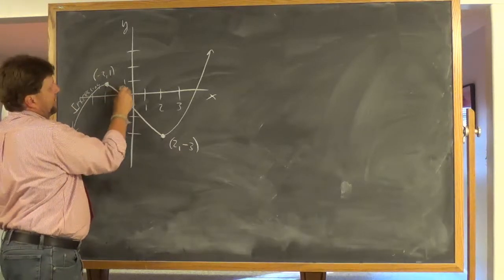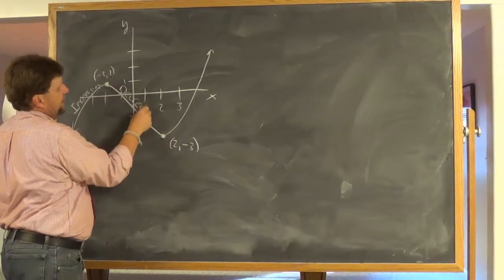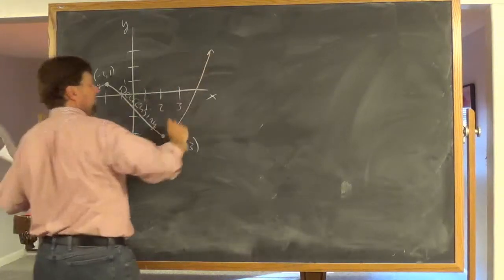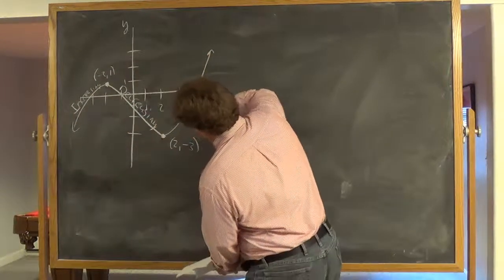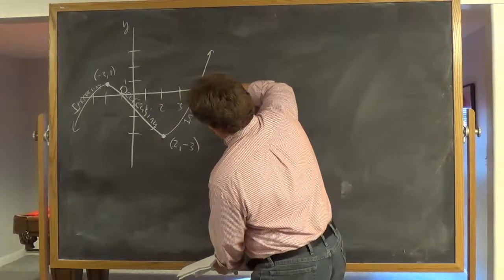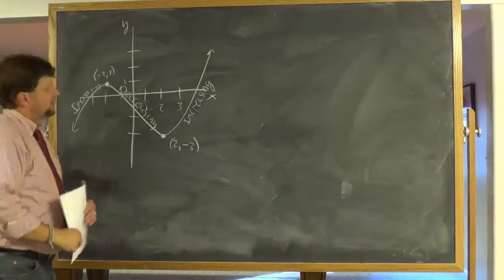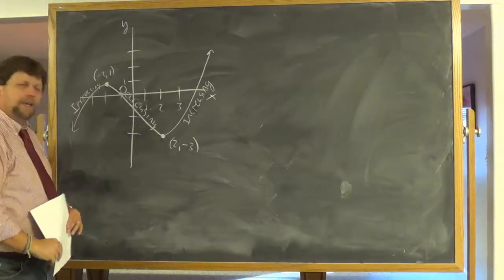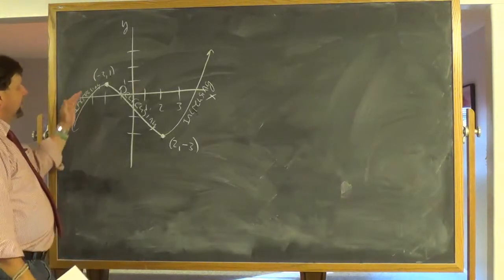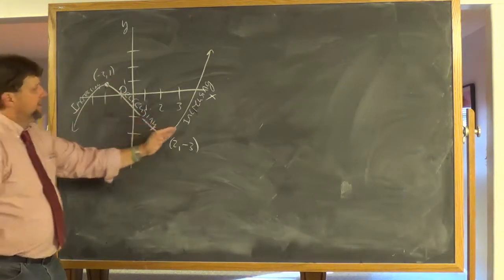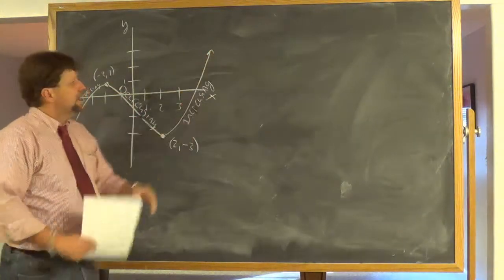So that is where it is decreasing. And then here it's going up again. So that's where it is increasing. You get the idea, I hope. When you're going up, you're increasing. When you're going down, you're decreasing. When you're going up, you're increasing.